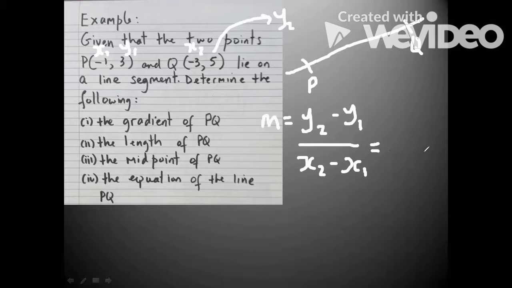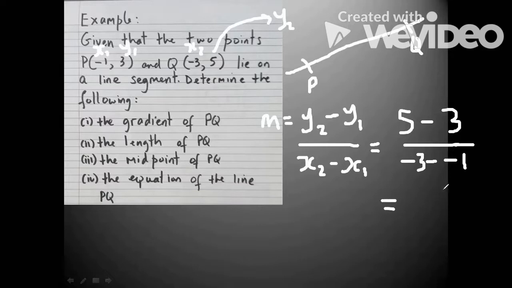Now y2 is 5. It's 5 subtract y1, which is what? 3, all over x2, which is -3, subtract x1, which is -1.